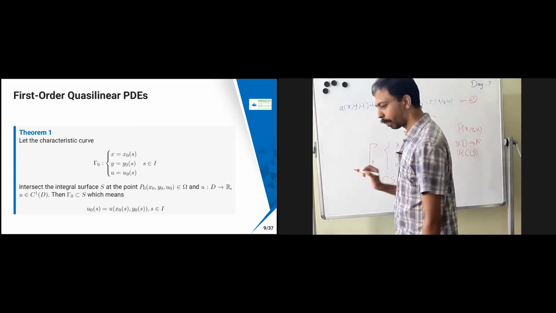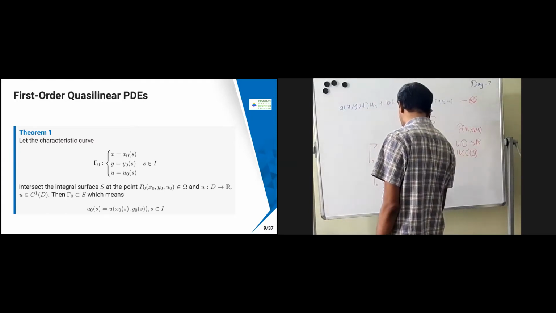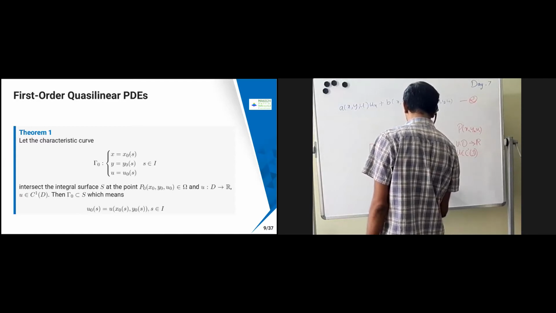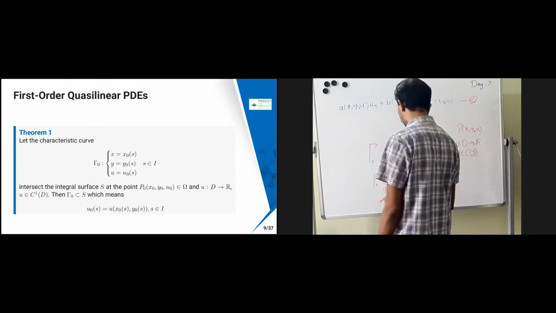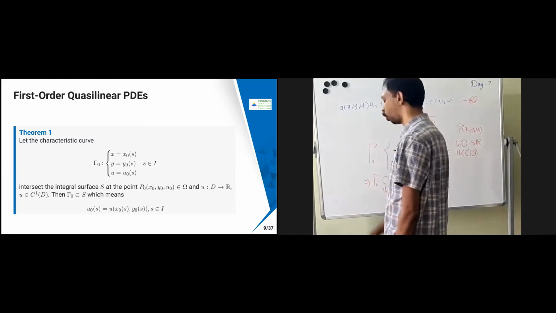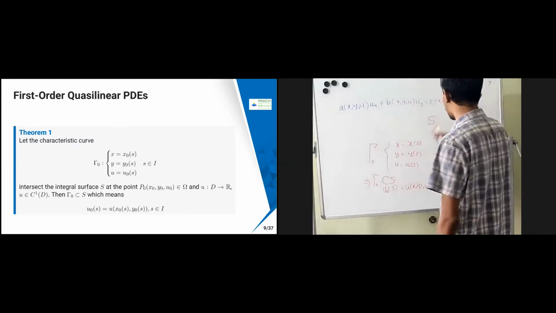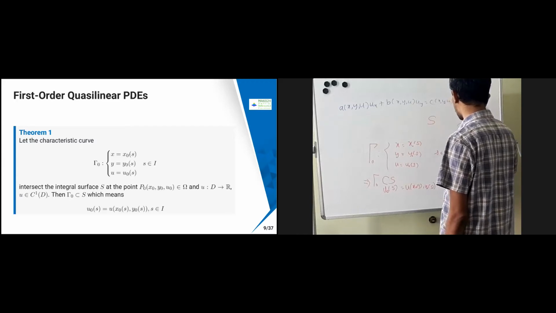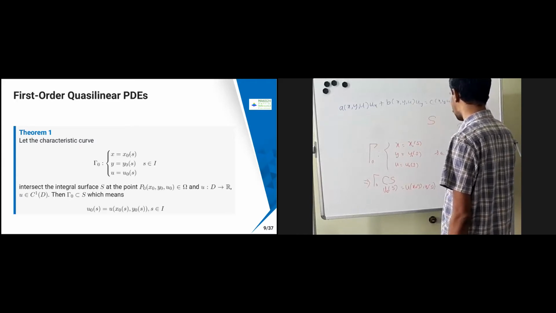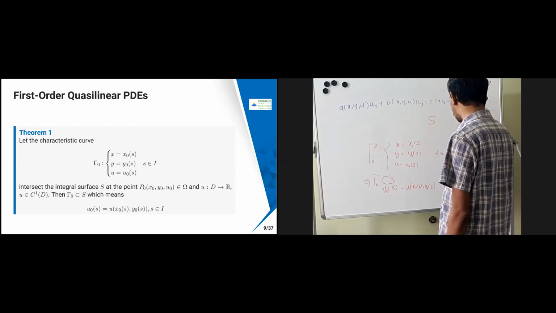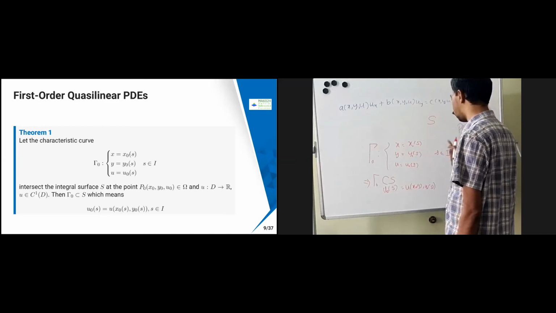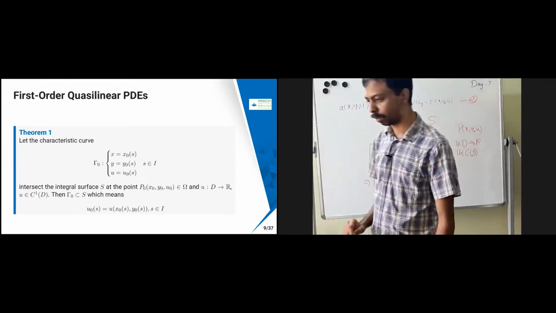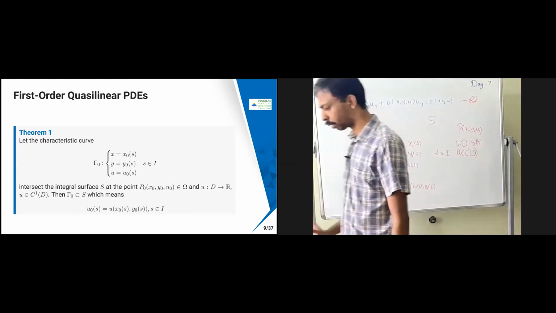It means that u naught of s equals u of x naught of s, y naught of s. So these are the conditions: gamma naught, the integral surface S, they intersect at the point P, u is a function from D to R, and u belongs to C1. Now we are trying to prove that u naught of s equals u of x naught of s, y naught of s. Is the statement clear?